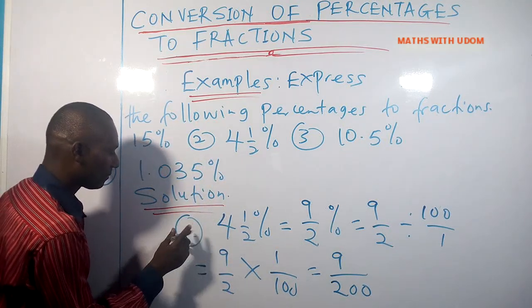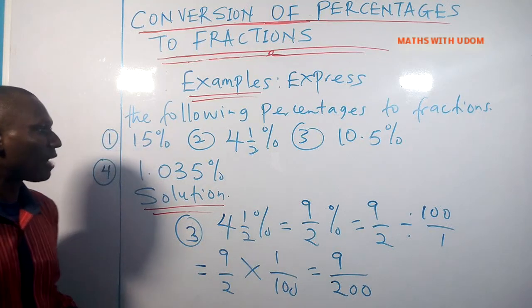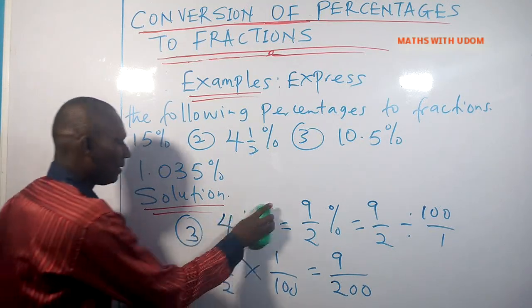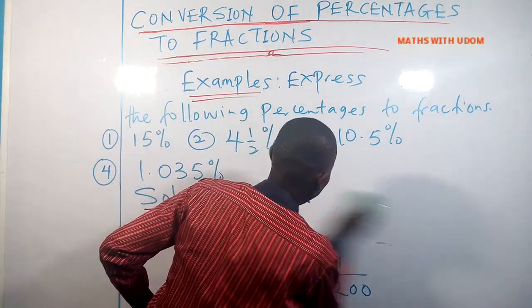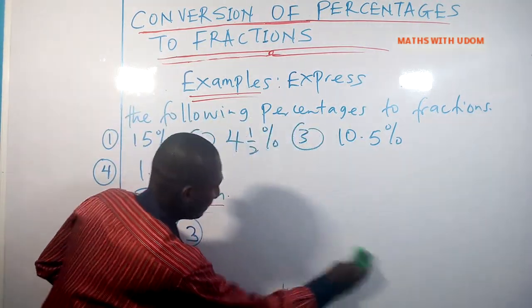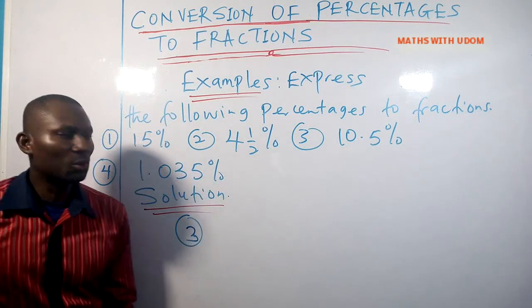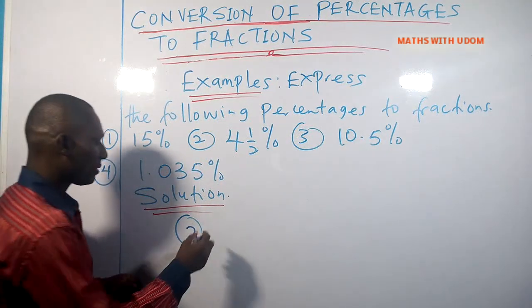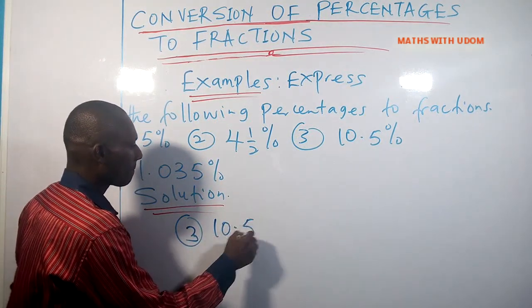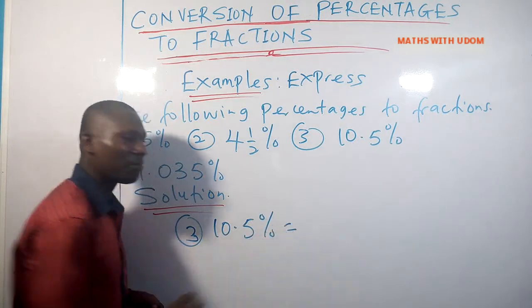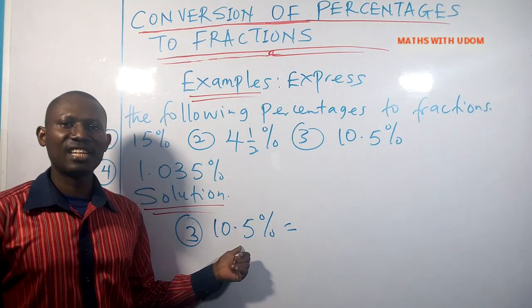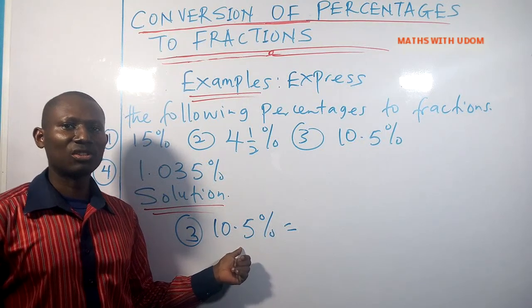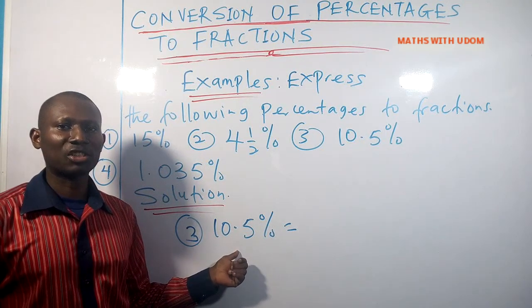Example 3. What do we have in example 3? 10.5%. The first thing to do is to change this decimal fraction into an improper fraction.